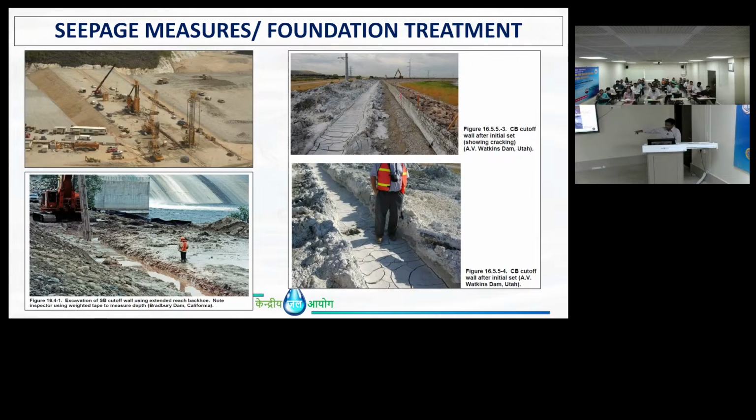Like this. This is the dam axis, and you can see the center. Along the length, it will excavate 1 meter width, and you can see it will be filled with cement slurry. That will block the seepage. So the basic thing is to go for a positive cutoff or partial cutoff or seepage measures like this.